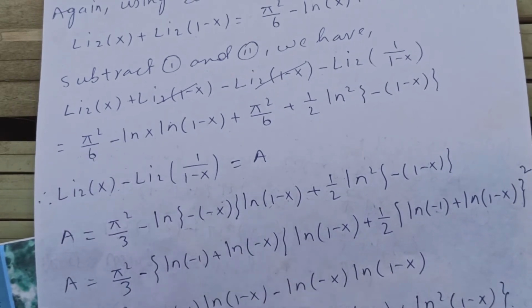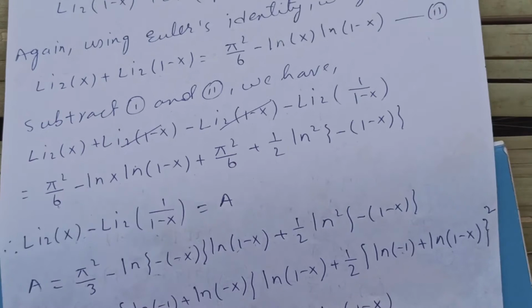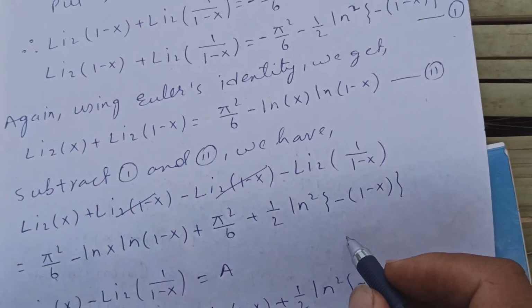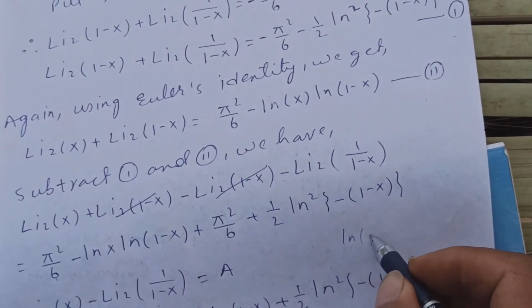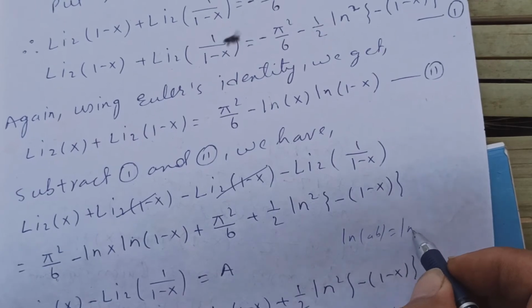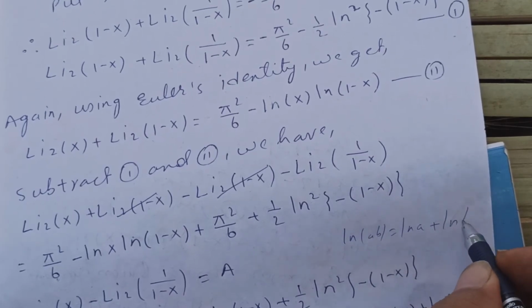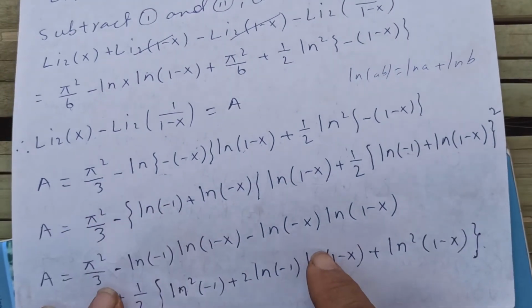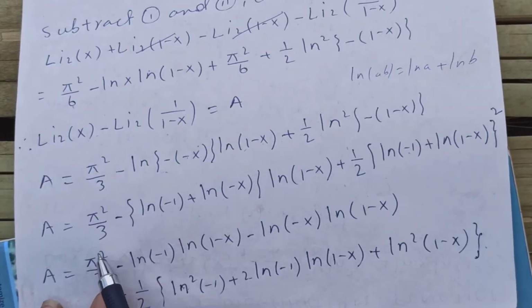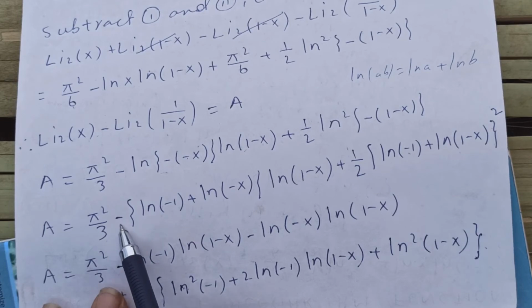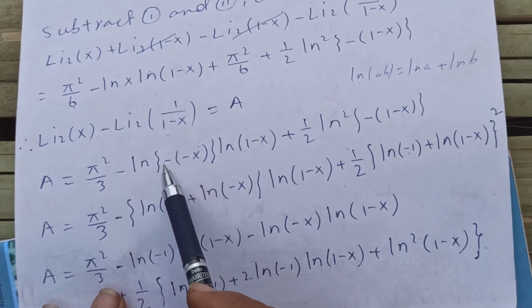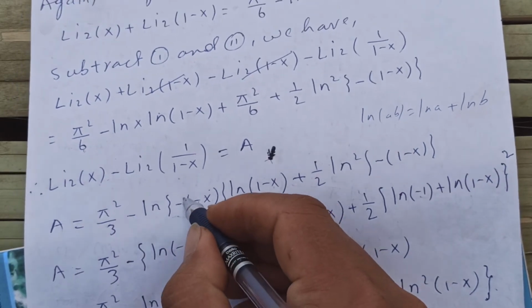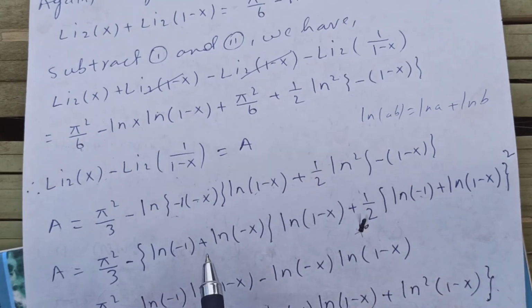Now we are going to use the property of log: log of ab is log a plus log b. Now using that identity, A is pi squared over 3 minus, this time negative is the same as -1, yes, -1.